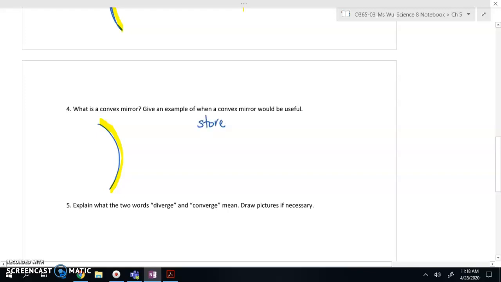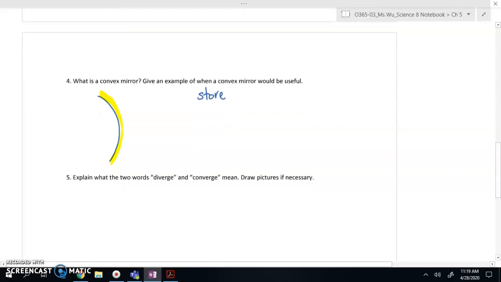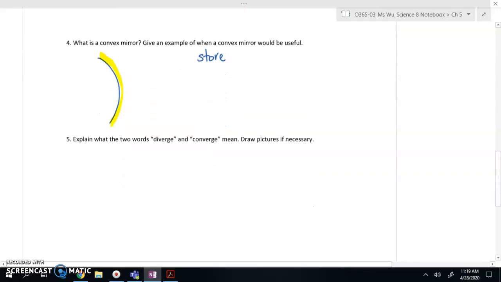Inside a store, a convex mirror allows the person at the counter to be able to see a wider angle. So the person at the counter can see people in all corners of the store. Yeah.